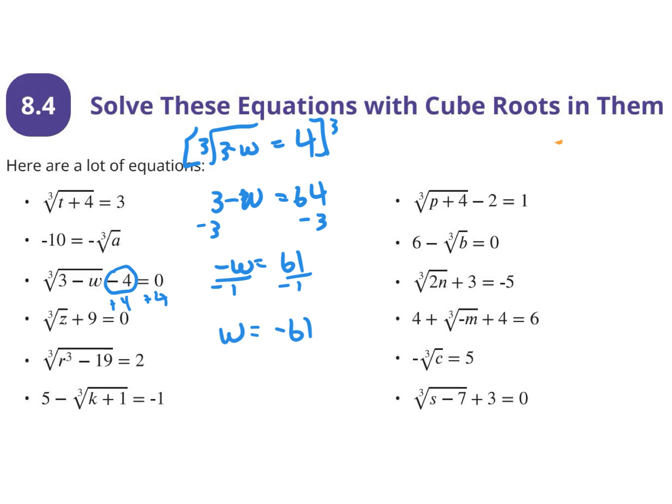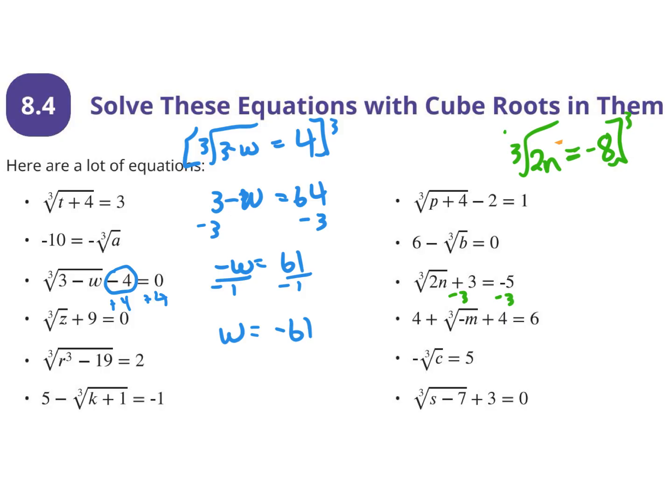Okay. We're on the next one. We're going to subtract 3 on both sides. The cube root of 2n is equal to negative 8. Odd roots, like cube roots, can be equal to a negative number.